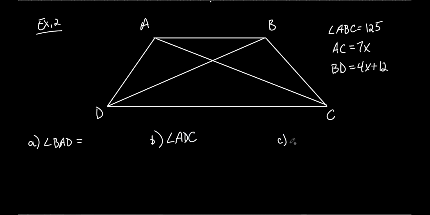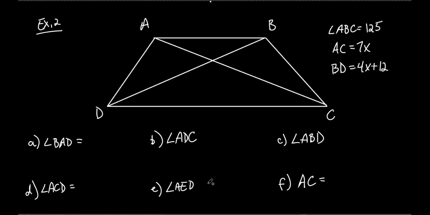Part C: angle ABD. Part D: angle ACD. Part E: angle AED. And part F, they actually ask for a line segment, just AC. There it is. This is what they give you, there's the picture, and this is what they ask for.